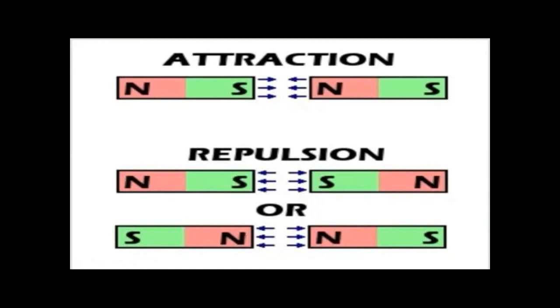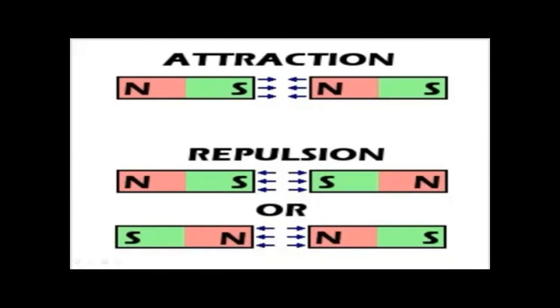So, when two magnets are close, they create a pushing or pulling force on one another. These forces are strongest at the ends of the magnet. The two ends of a magnet are known as the south pole and the north pole. So, when two opposite magnetic poles are close, they can attract. If the same poles are close, they can repel each other.